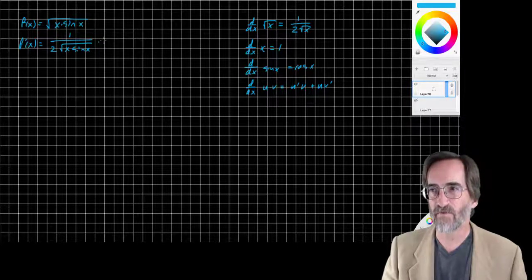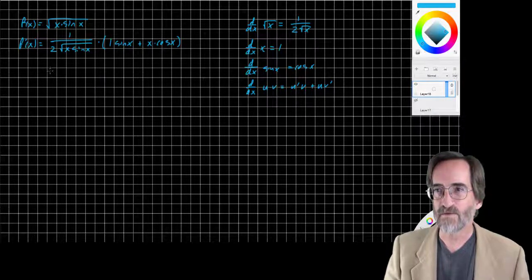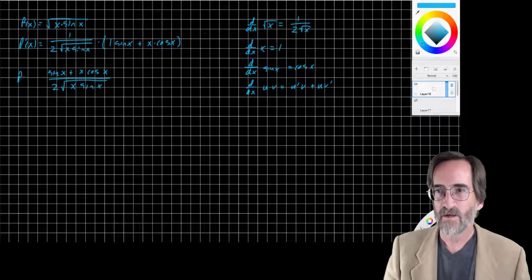The derivative of x is 1 times sine x plus x times the derivative of sine x, which is cosine x. We could simplify this to f prime of x equals (sine x plus x cosine x) all over 2 root (x sine x).